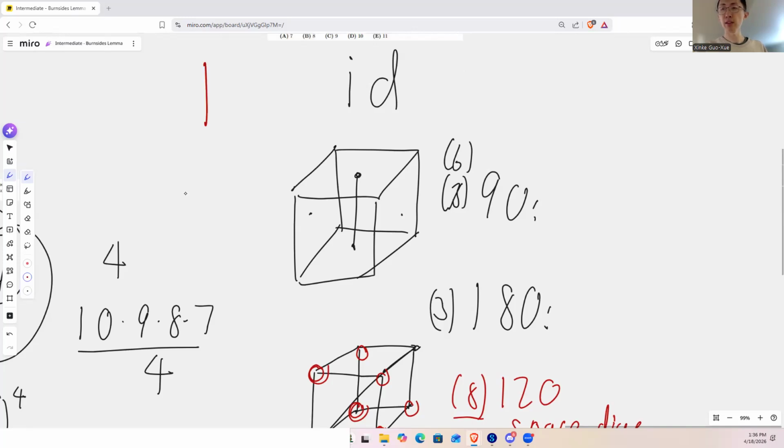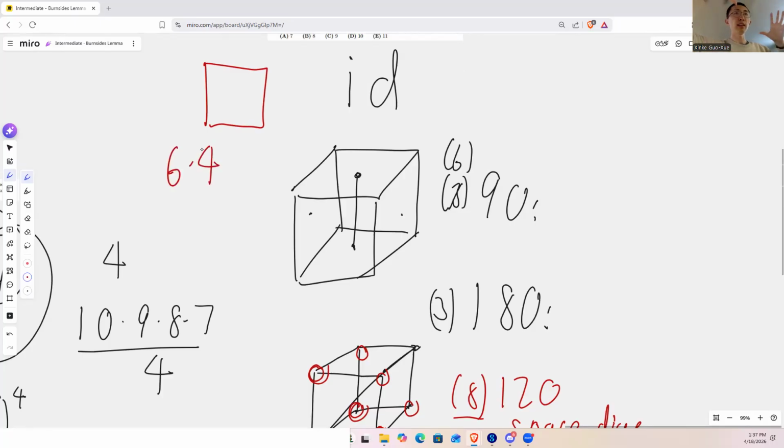Well, yeah. There's 6 ways to choose which face goes on bottom. And then once you've chosen which face is on bottom, there's 4 ways to choose which face is front. So 6 times 4.